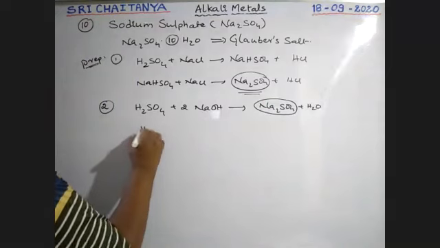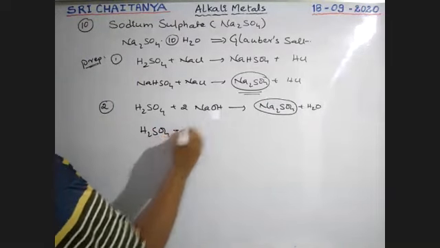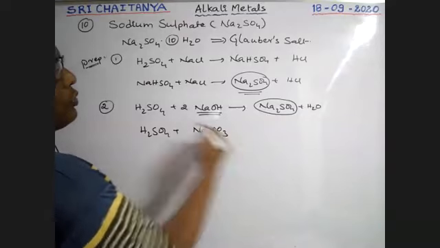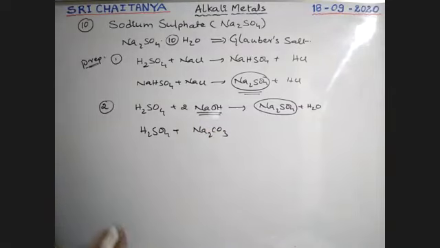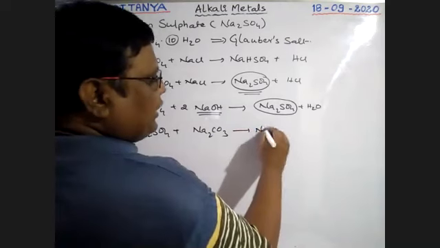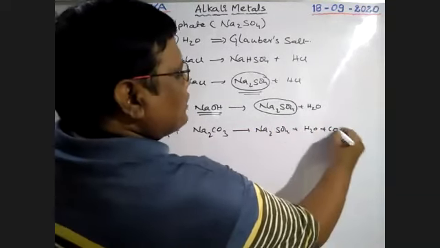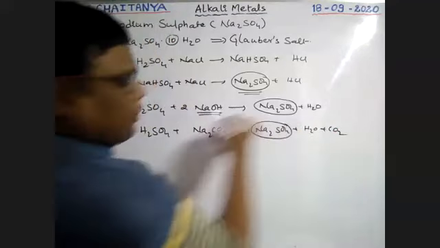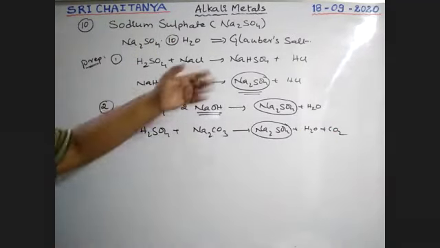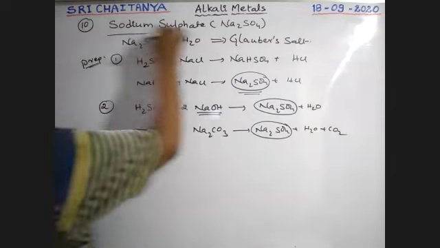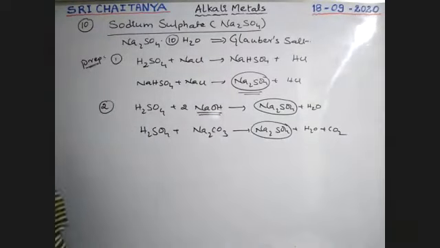Same way, when H2SO4, instead of NaOH, I am taking Na2CO3, sodium carbonate, which is also a base, that gives Na2SO4 plus H2O plus CO2. So these are the preparation methods of sodium sulfate.